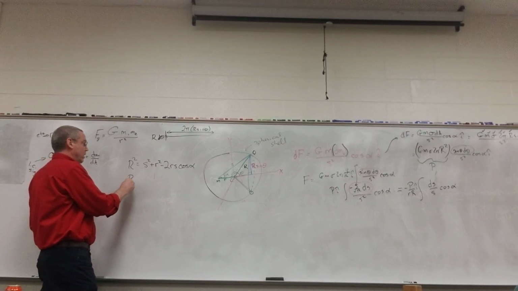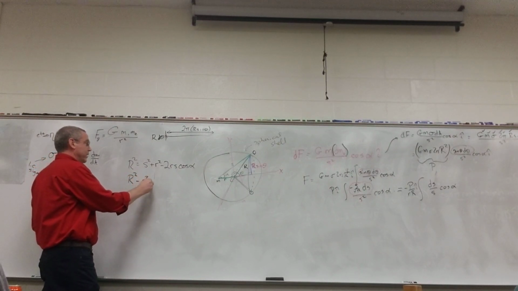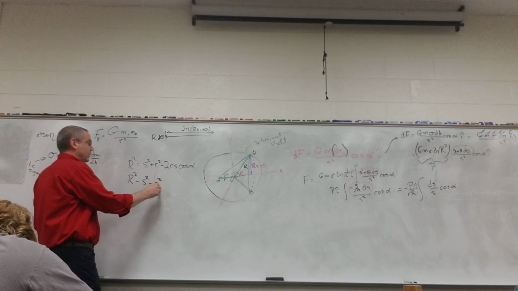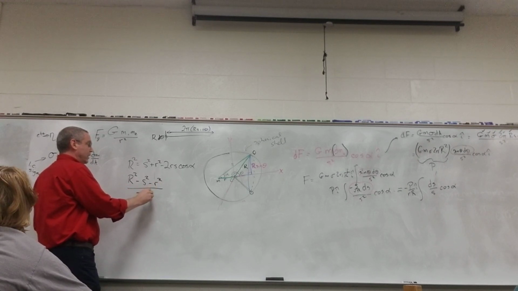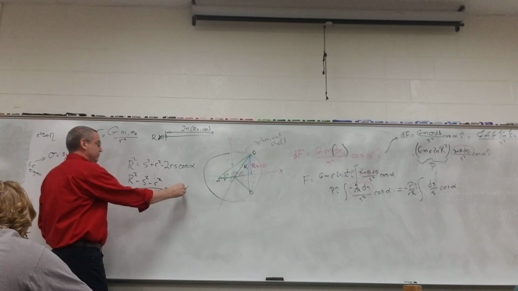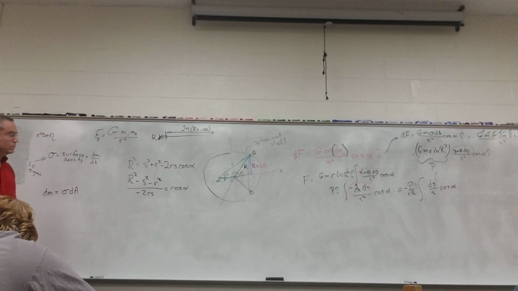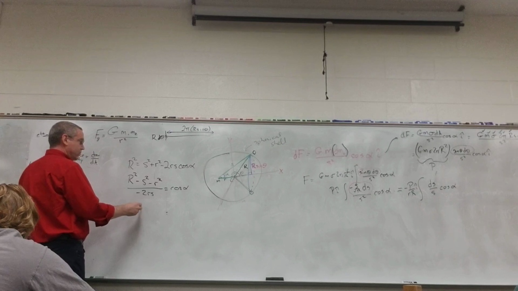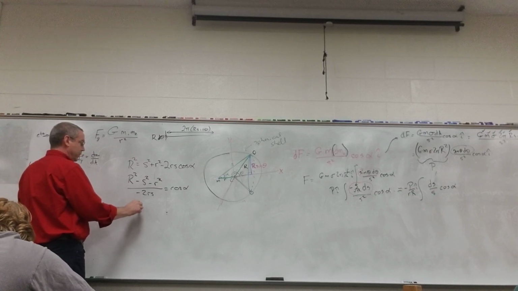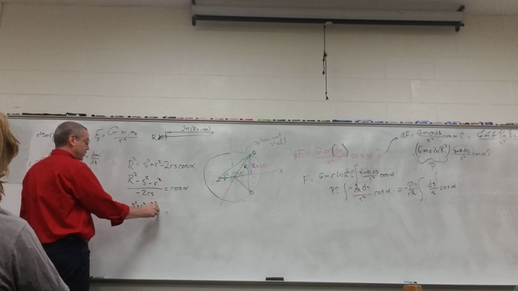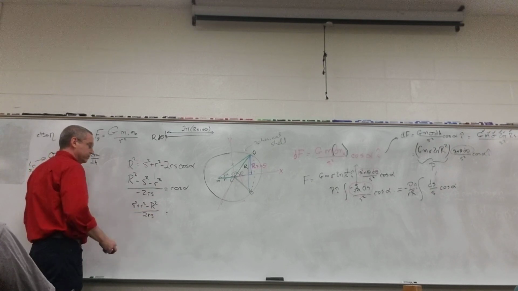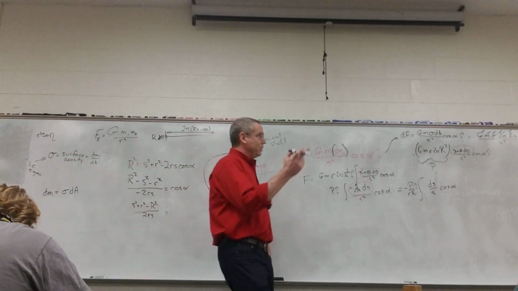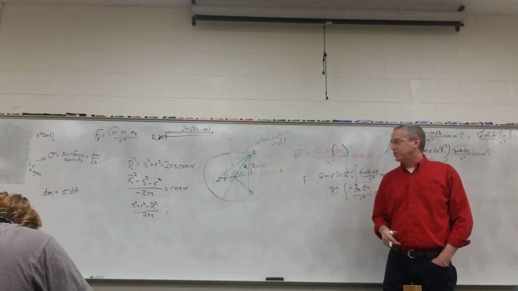And therefore, big R squared minus s squared minus little r squared divided by negative 2rs is equal to cosine alpha. Or we can do little s squared plus little r squared minus big R squared over 2rs. And we pop that in for cosine alpha, and we're now down to a single variable.